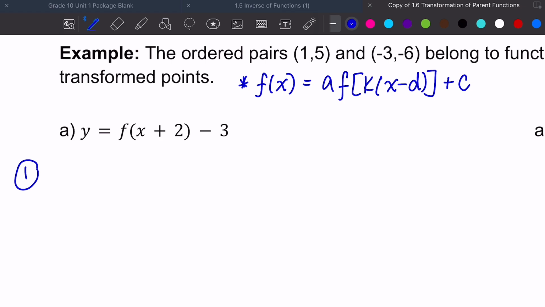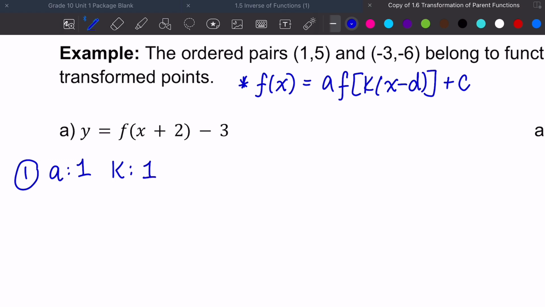Do I have an A value? Do I have anything in front of f? No, there's no coefficient here, so it is automatically 1. Same thing: do I have a K value, a second set of brackets with a coefficient in front?